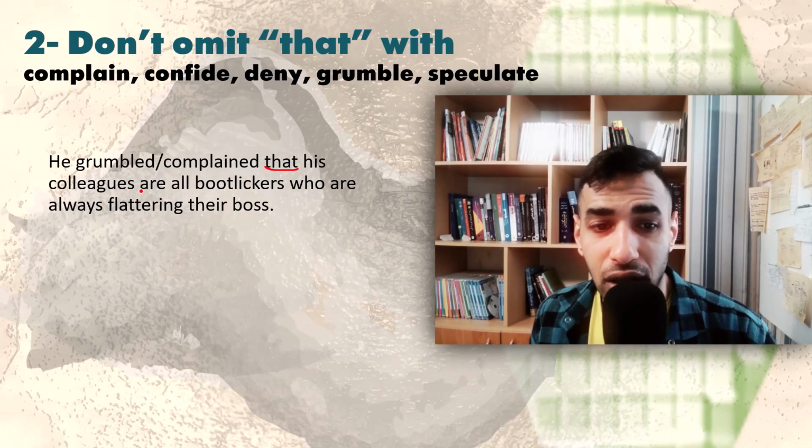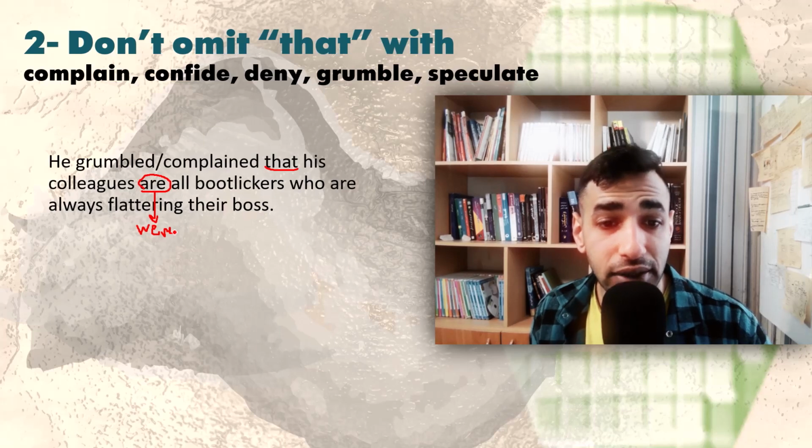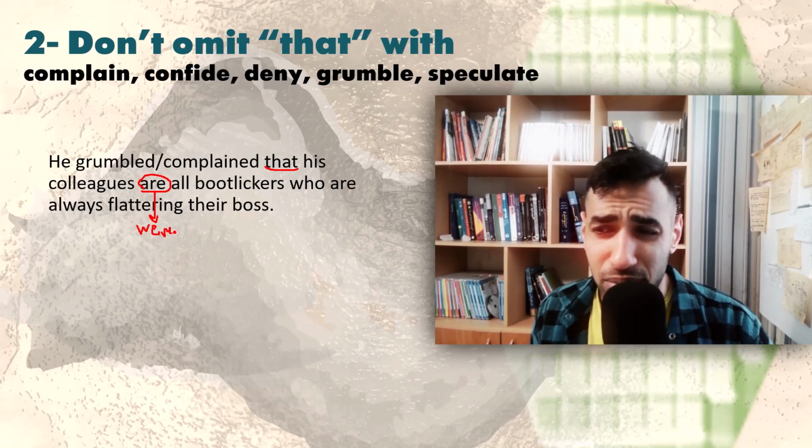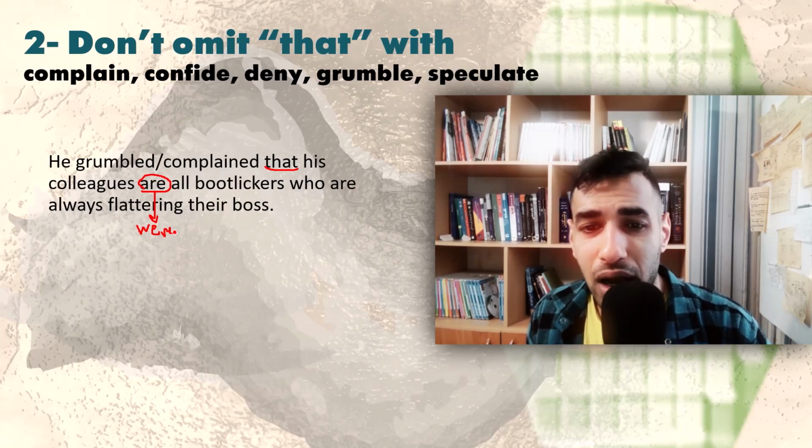His colleagues are... Now, you must be aware: he grumbled, he complained that his colleagues were all bootlickers. A bootlicker means someone who seeks favor, but in a bad way, in a servile way. Here, his colleagues were all bootlickers who were always flattering the boss.